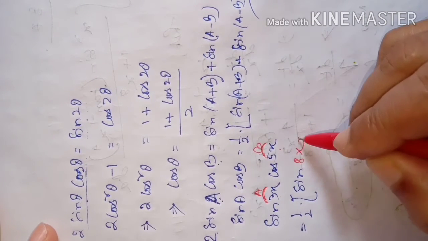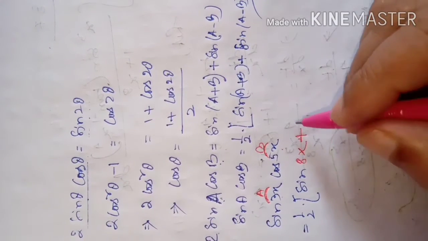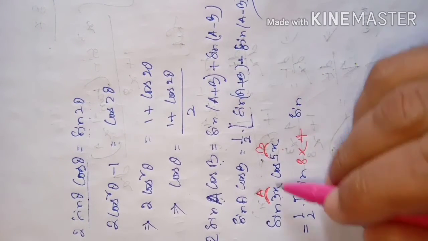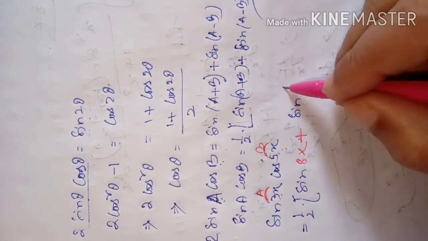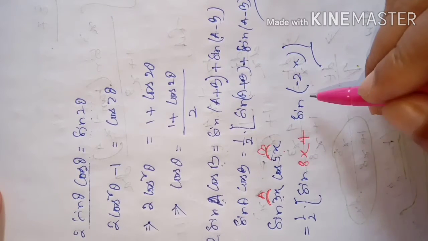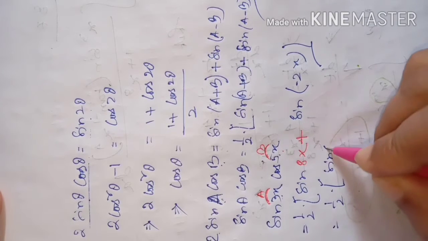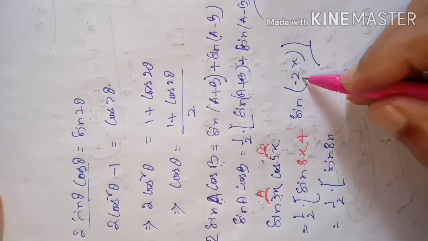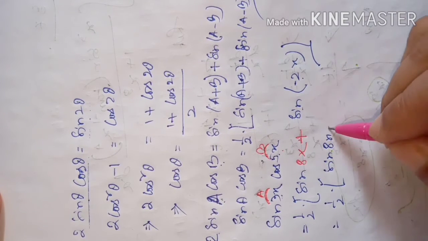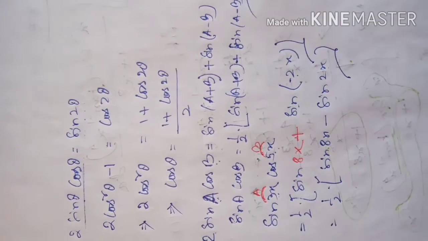Then plus sine A minus B, that is 3x minus 5x, which is minus 2x. After that, half into sine 8x, then sine minus theta is equal to minus sine theta, so it will be minus sine twice x. This way you can transform if we know the identities.